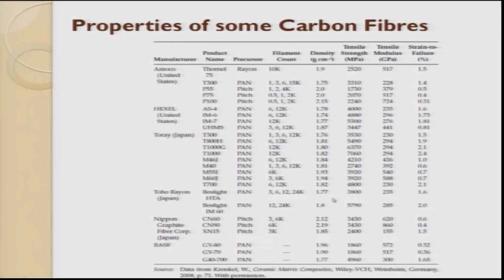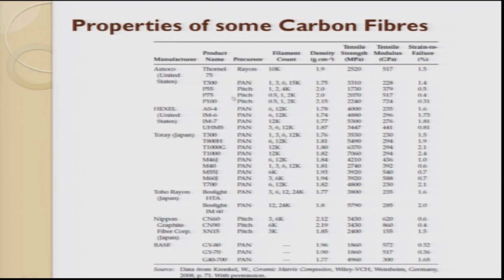Density is very, very light, around 1.8, 1.752 and something like that. Tensile strength is very high. Tensile modulus is very high. Strain to failure is also very low. So this makes carbon fiber a good alternative material for bulletproof jackets, rocket applications, and helmets used by defense personnel. All these places carbon fiber plays a very important role.